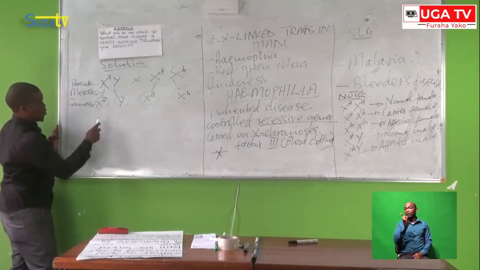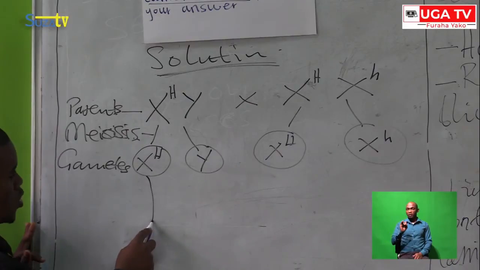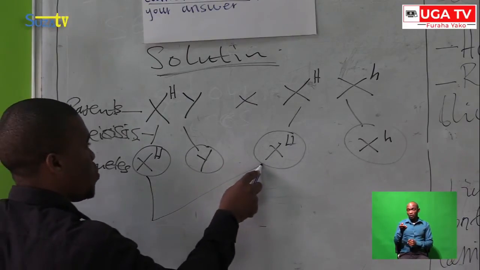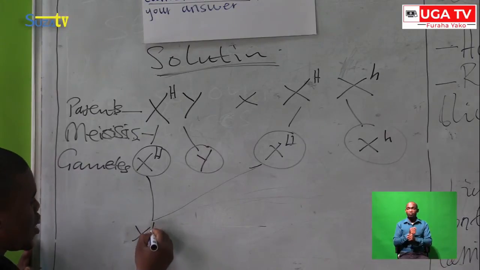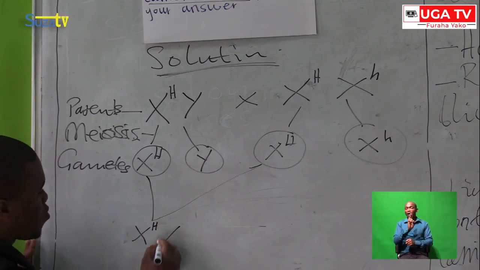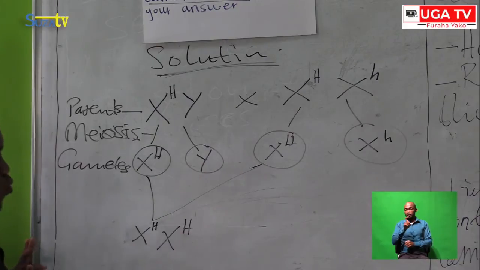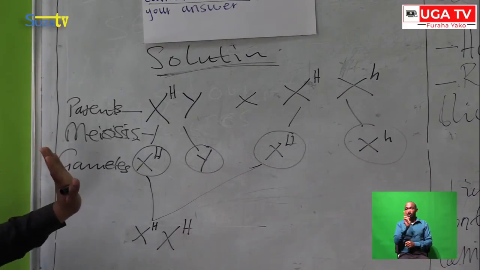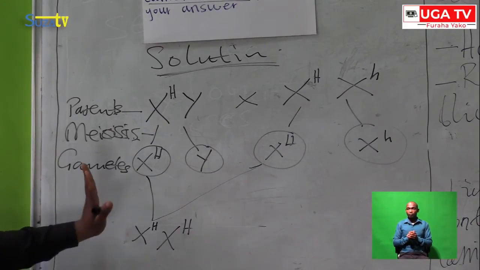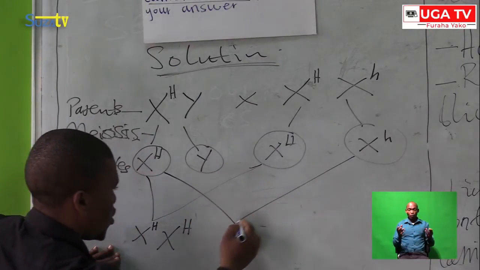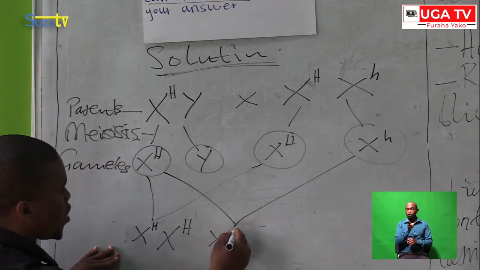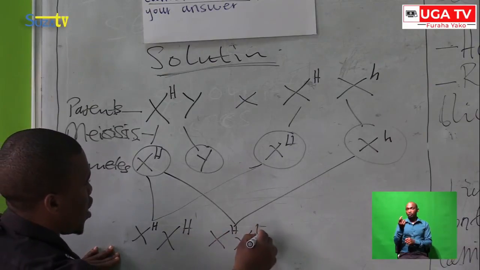If that is the case, we take this one and we cross it with this one. So we will get XX, and all chromosomes possess the X dominant gene. And later on we take this one and we will get XHXX.